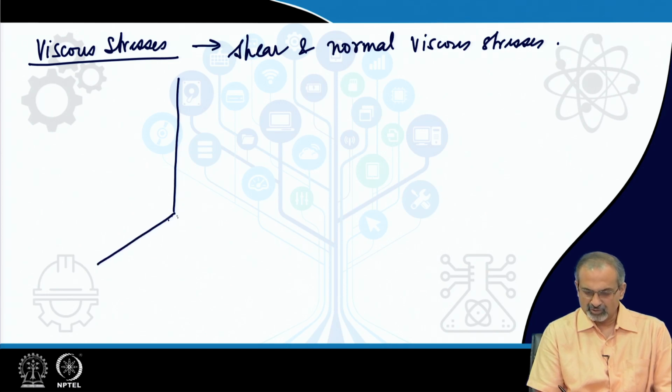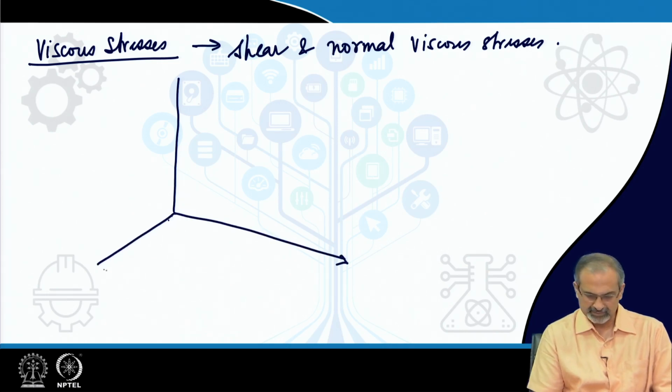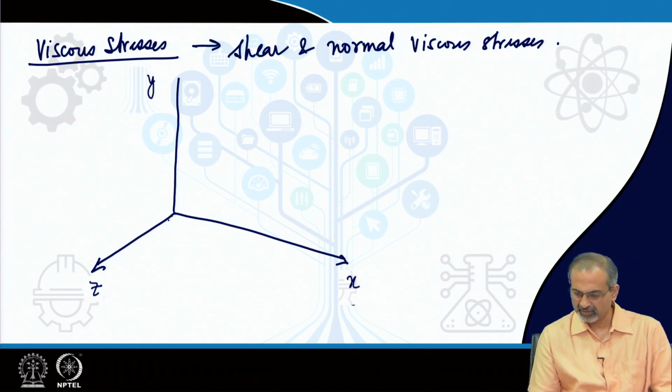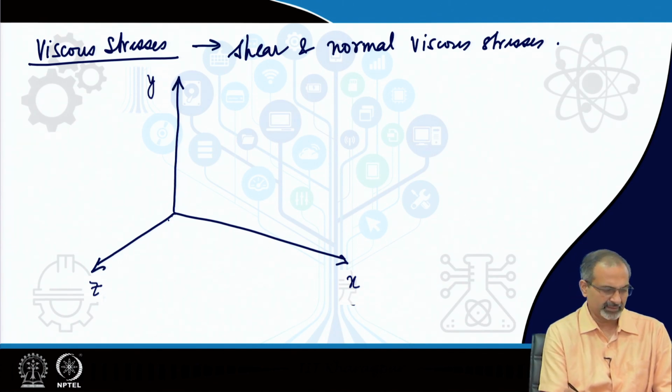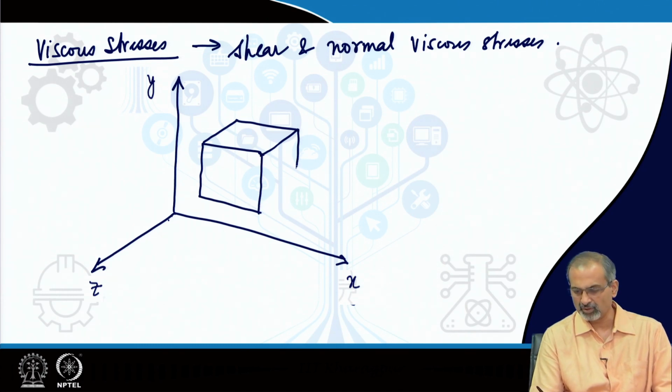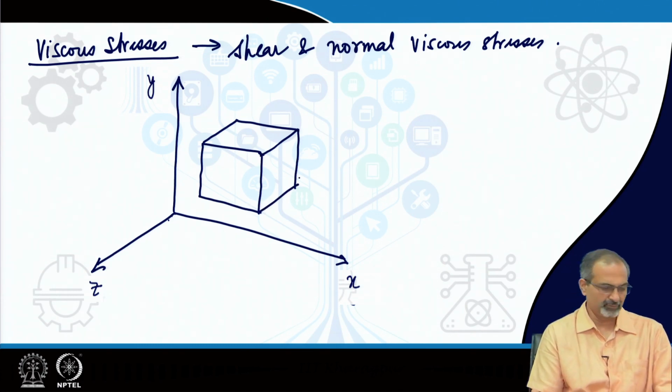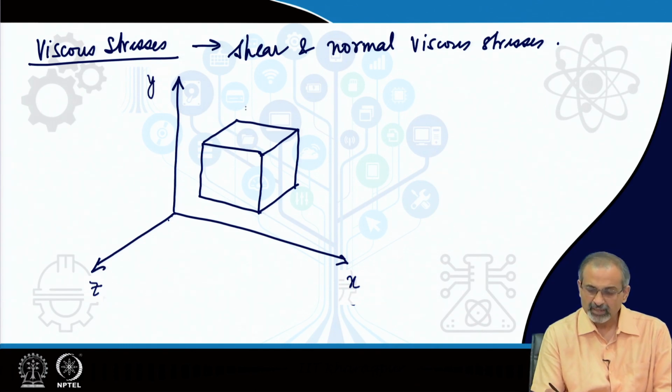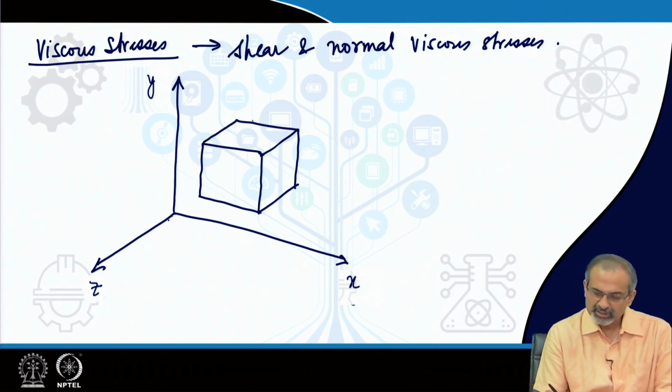For that, let us draw a Cartesian coordinate system and place a small fluid element in it, a cube. Let us say it is a small cubical fluid element, and then on that, on three orthogonal faces, we are going to indicate these stresses, both the shear and the normal kind.